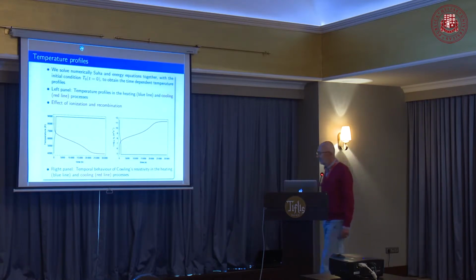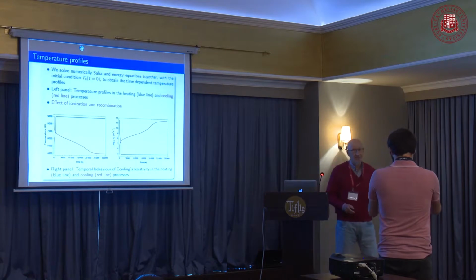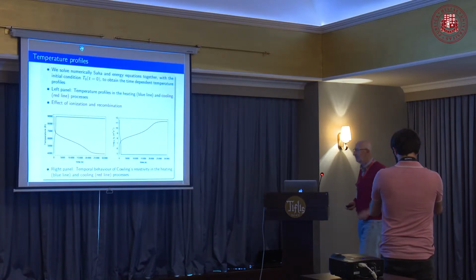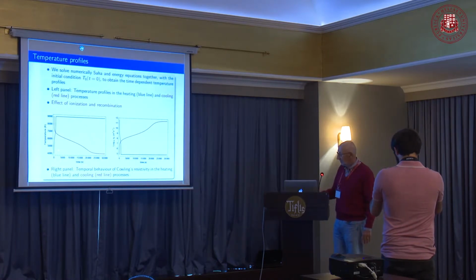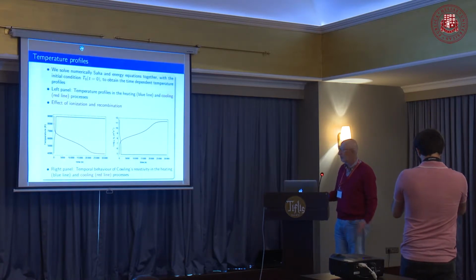And what we see is that in the heating process, the temperature increases, but ionization takes place. So part of the energy is going to ionize hydrogen, part of the energy is going to increase the temperature, and you see that this line is not going up in a straight direction, it is distorted a bit, but the heating process takes a short time until we arrive at the final temperature.